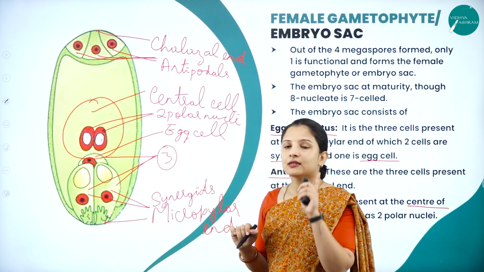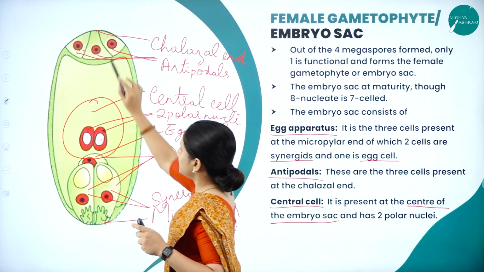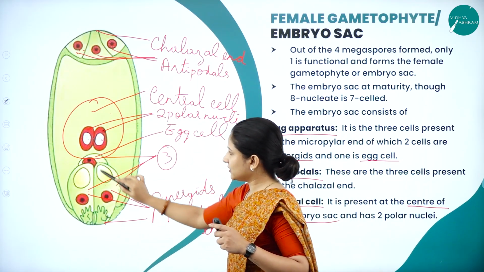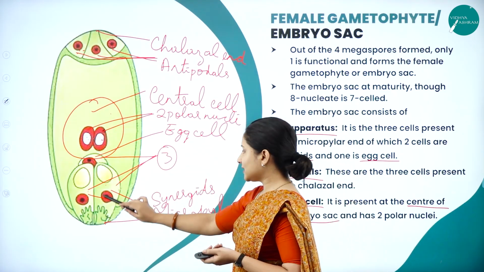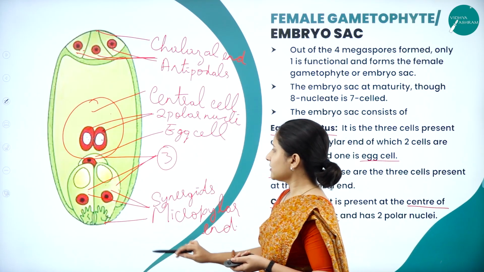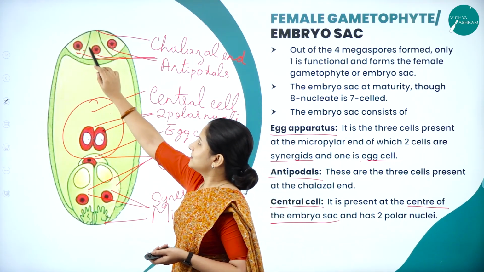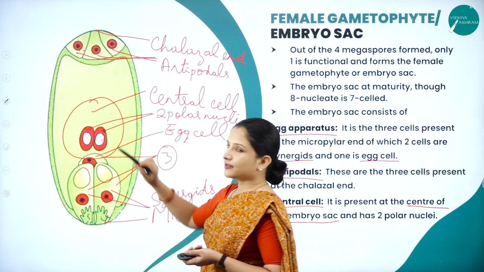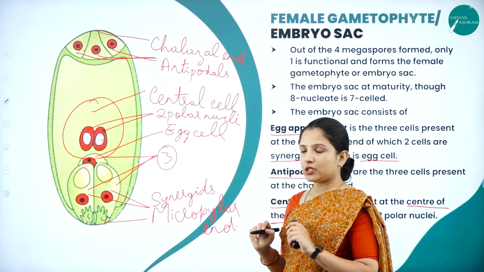That is why the embryo sac, though it has 8 nuclei, is 7-celled. How many cells do you have now? 3 cells at the micropylar end, 3 cells at the chalazal end, and 1 at the center. Right? It is 7-celled. But why is it 8-nucleate?